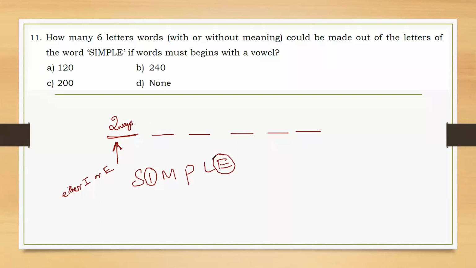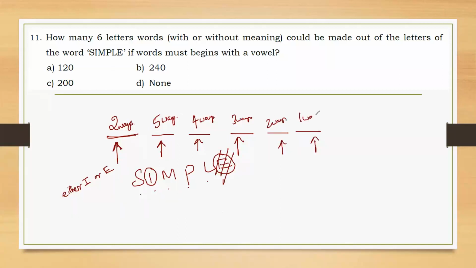For example, if I place E here, then for the second place, how many possibilities are there? 1, 2, 3, 4, 5, right? So 5 ways. Then here 4 ways, here 3, here 2, then 1.